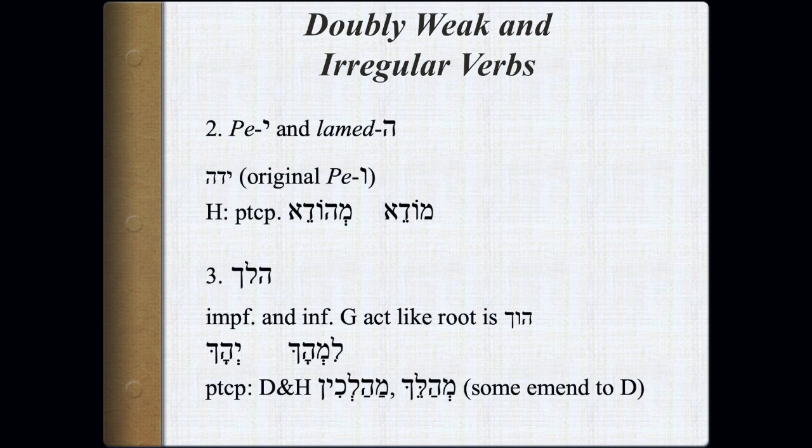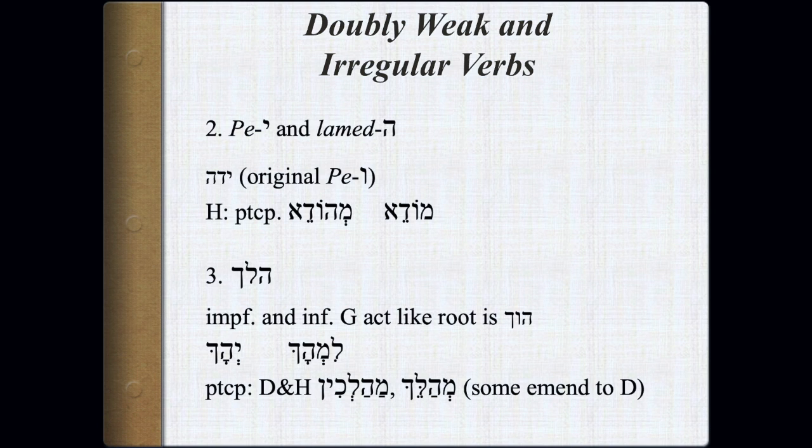Then there is halach. Halach is not so much doubly weak as it is a little confusing, in that the imperfect and the infinitive in G act like the root is hey, vav, kaf. So it acts like a doubly weak verb, even though halach itself is not a doubly weak verb.